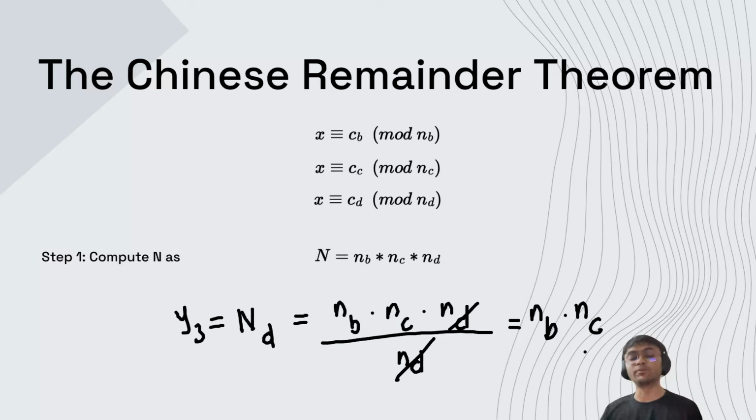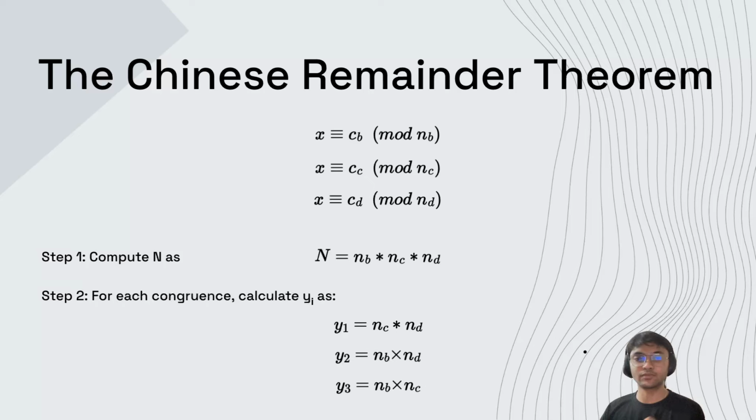At this point, we have computed all of our y_i's. For each congruence, again, y1 was nc times nd, y2 was nb times nd, and y3 was nb times nc.